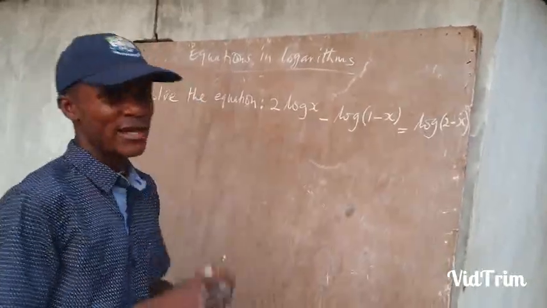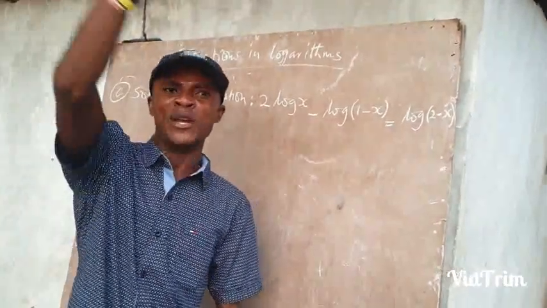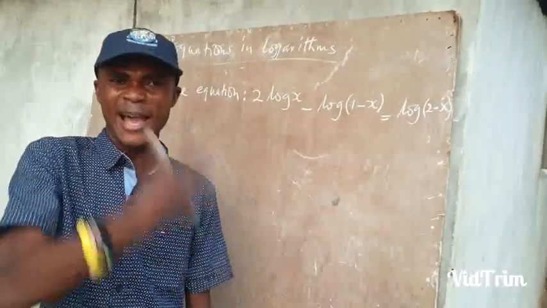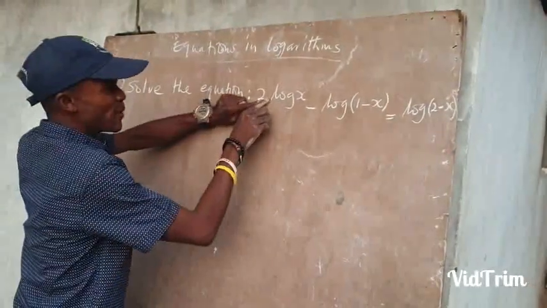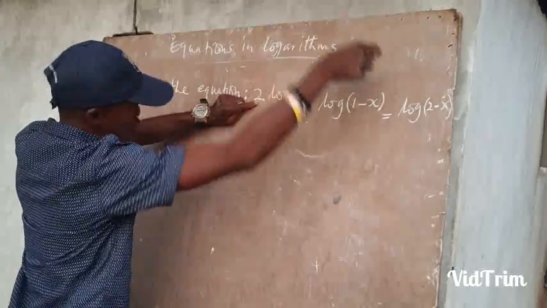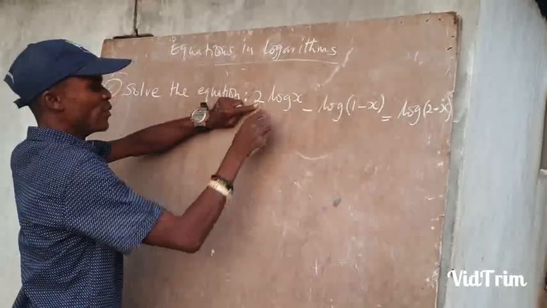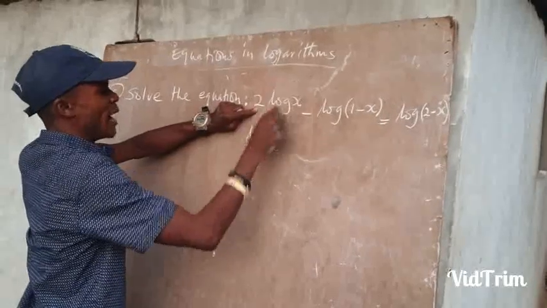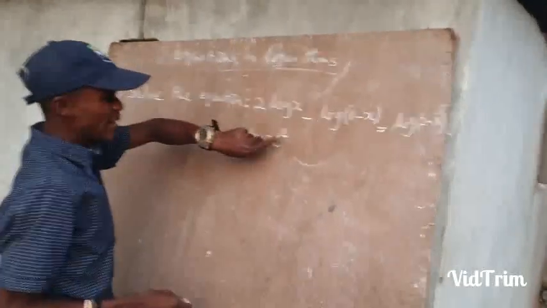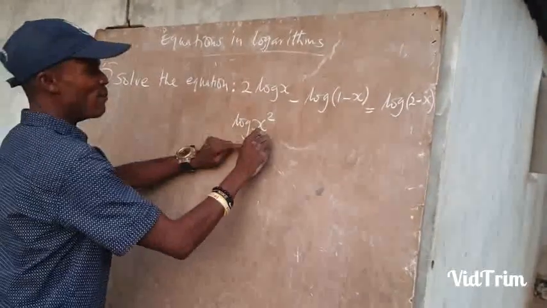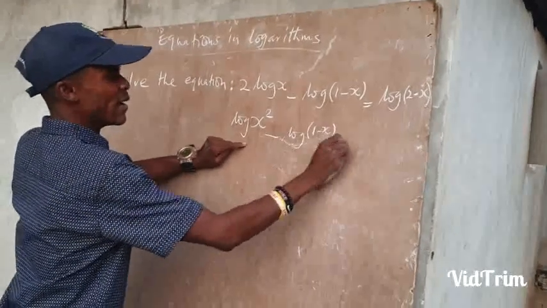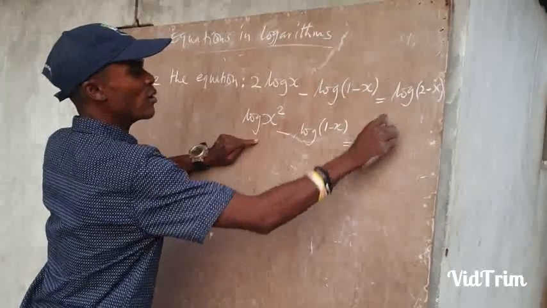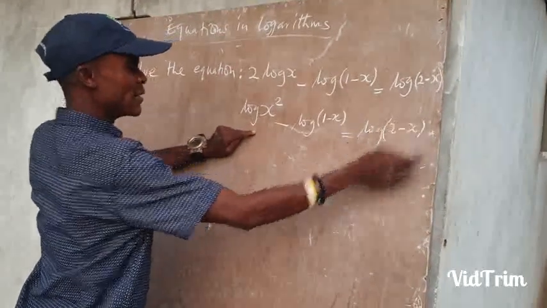We have one theory that says anytime we have a power, you bring that power down. So if it is down already, you send it up. Now we apply that here. There is something now down in front of the log. It goes up. We have log of x, the 2 is coming up here and becoming a power. If it is like this initially, you bring it down. Minus log of 1 minus x equals log of 2 minus x. That way.